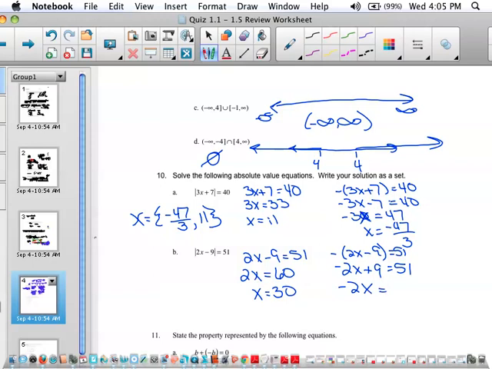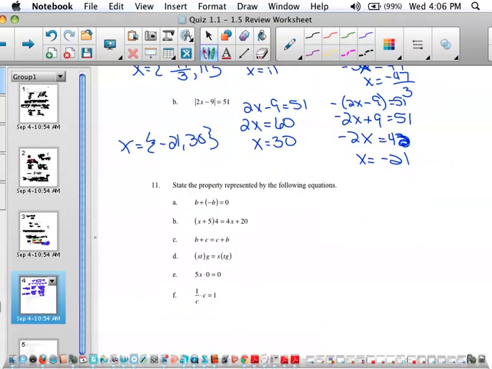Minus 2x equals, let's see, subtracting that, that's going to be 42. So x is equal to negative 21. Again, write that in set notation, so x is equal to the set minus 21 and 30.